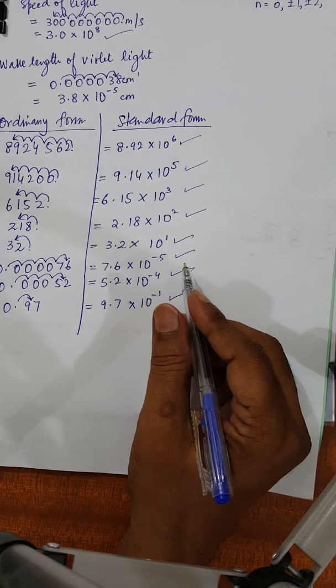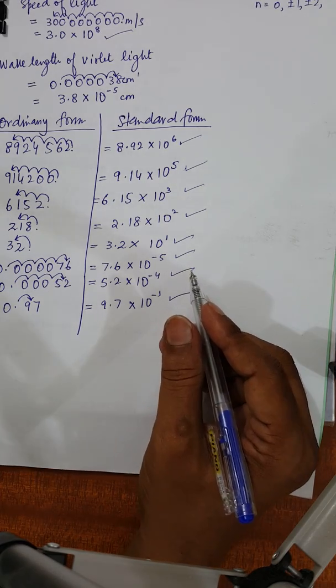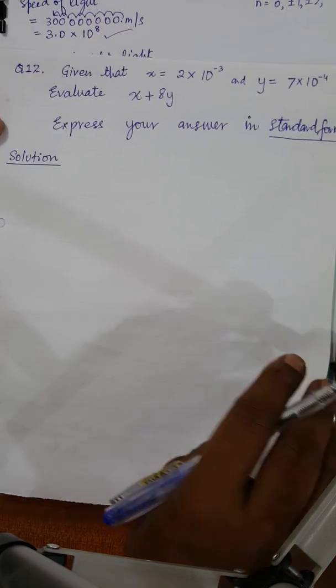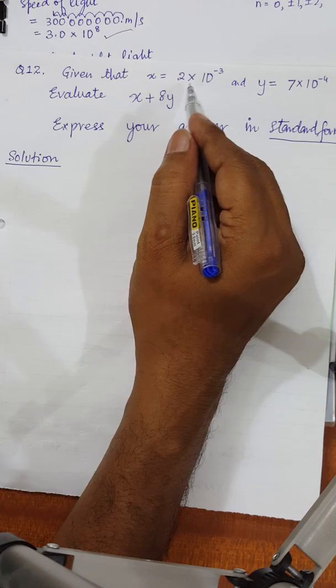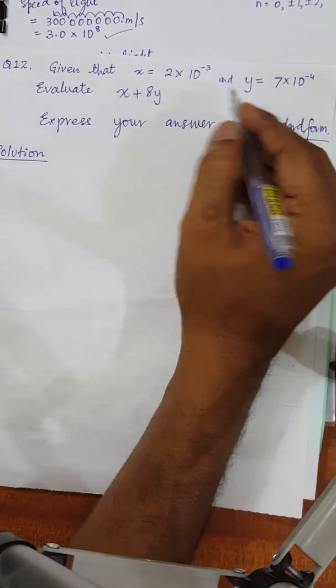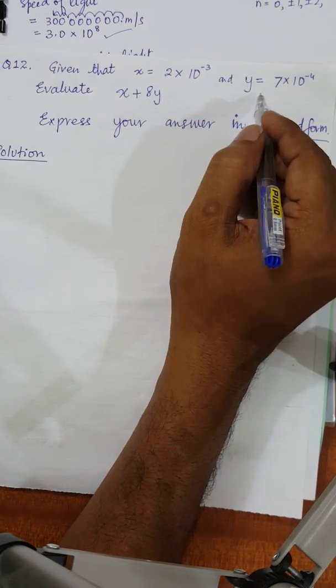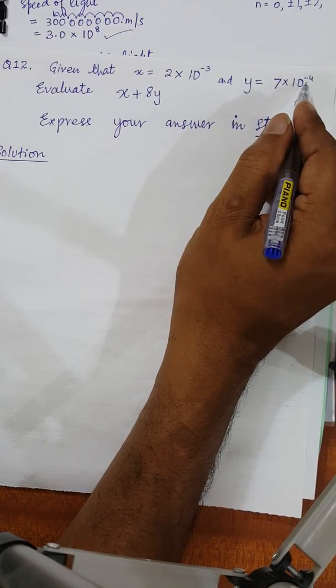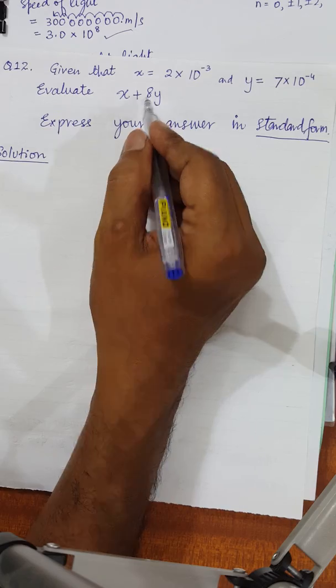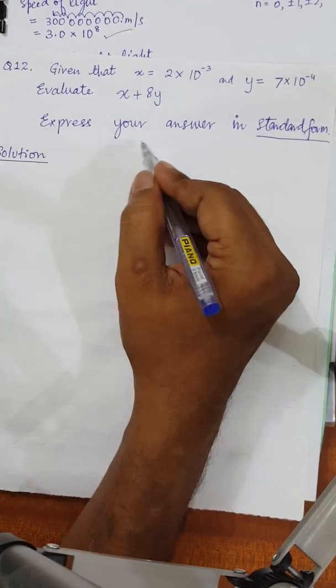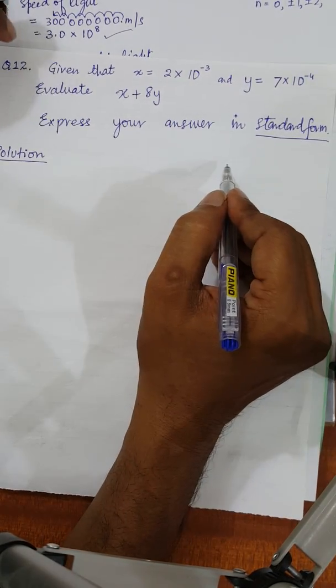Now let's do a question related to the standard form. Given that there is a number x which is in the standard form 2 into 10 raised to the power minus 3. There is also a number y whose value is 7 into 10 raised to the power minus 4. They are asking us to evaluate x plus 8y and finally express your answer in the standard form.